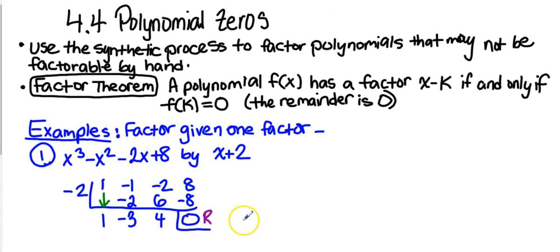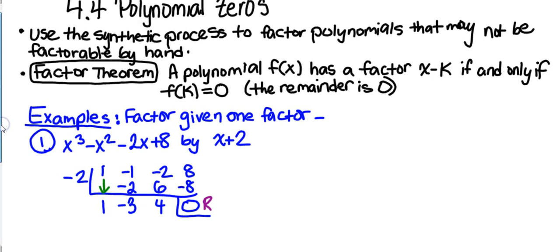Put R for remainder. The result of this division is a new polynomial. Let's see what it is. So if this is my remainder, this is my constant, 1, 2.